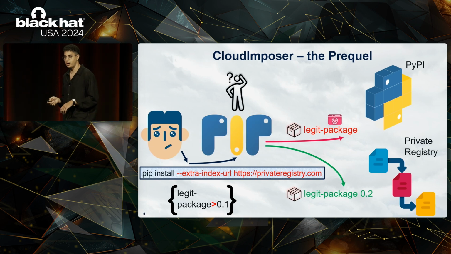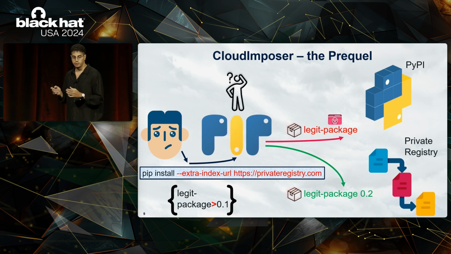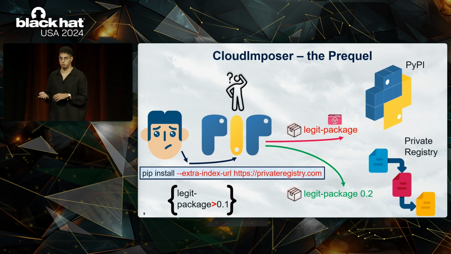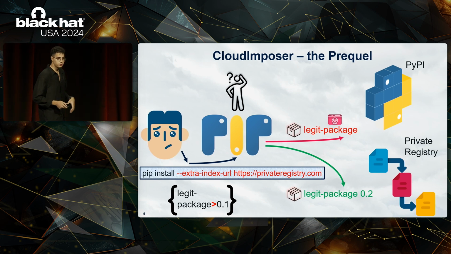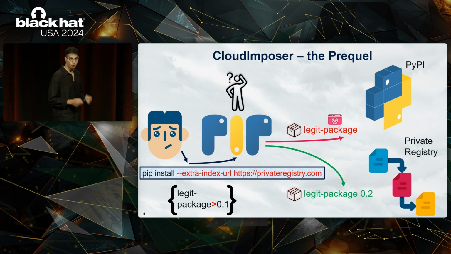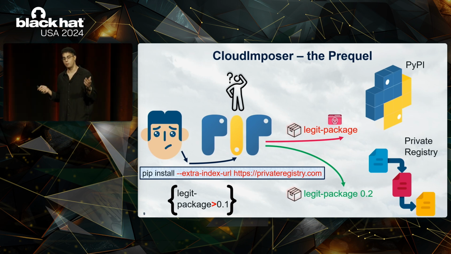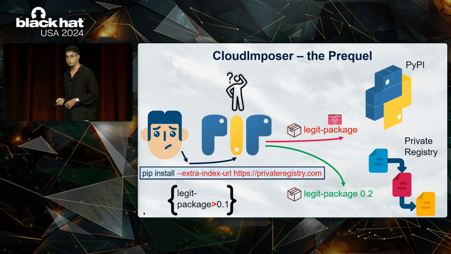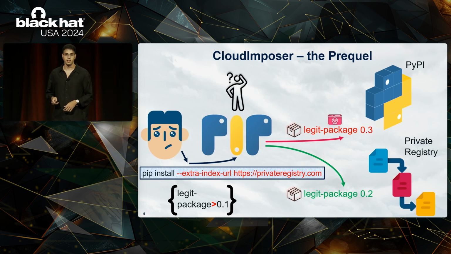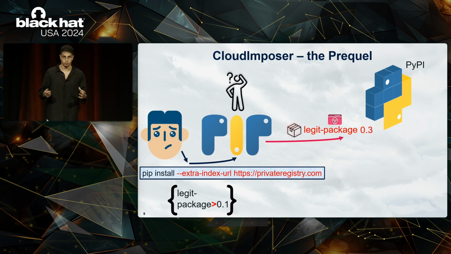And in that specific case, in the dependency confusion attack, the legit package has the version of 0.2. And in the requirements.txt, you can see in the bottom left of the screen, the required version to be installed should be greater than 0.1. But the attacker, in that case, has the opportunity to upload a package with a higher version, thus taking over the installation process of the victim.